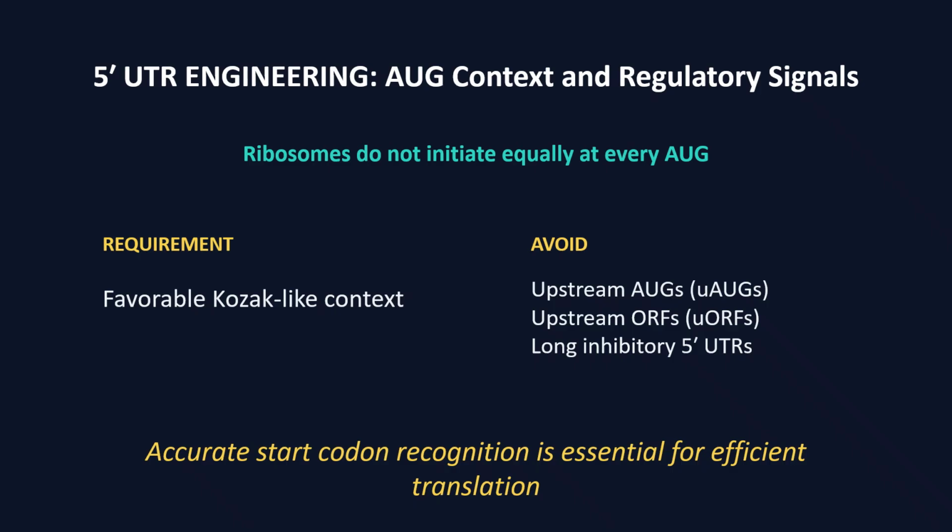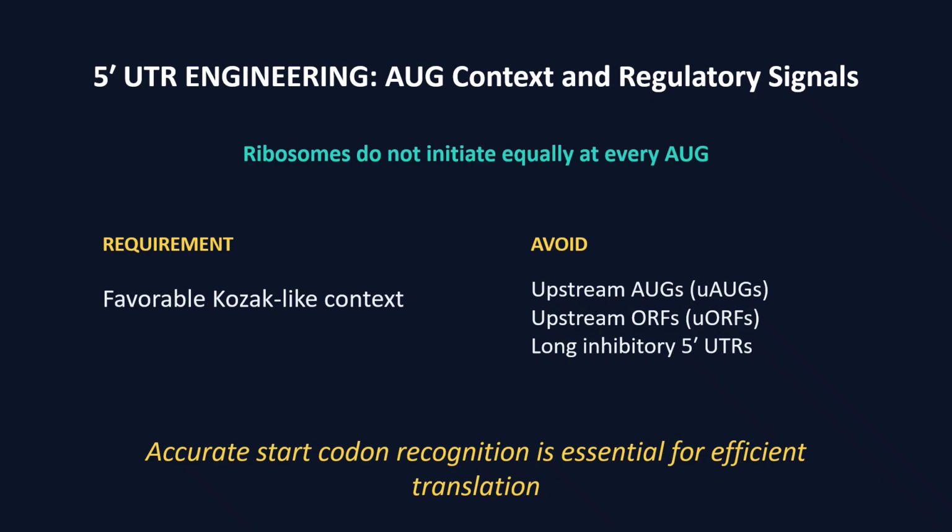And to continue our 5' UTR engineering, even when scanning ribosomes reach an AUG, initiation may not be automatic. The ribosome evaluates the sequence context around the start codon. A favorable Kozak-like environment increases the probability that initiation occurs at the intended site.